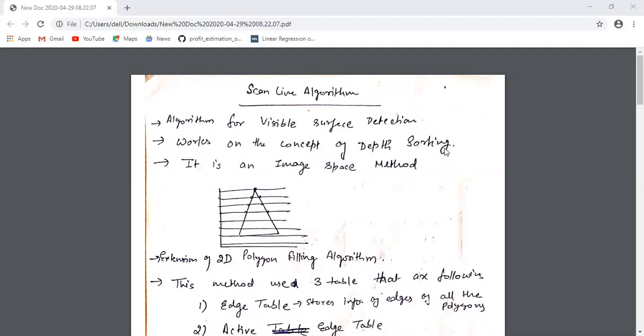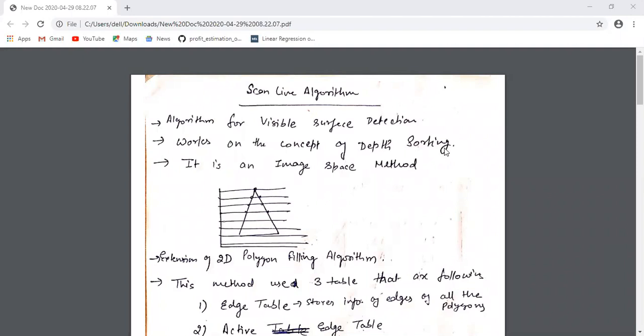Basically, after the backface detection, whatever algorithm we have studied so far, be it the Z-buffer algorithm, the A-buffer algorithm, and this algorithm, that is the scanline algorithm, all of these algorithms work on the depth coordinate, that is the Z coordinate, of a particular pixel.